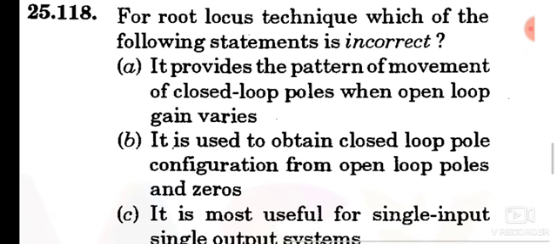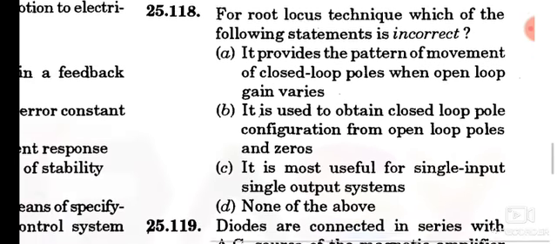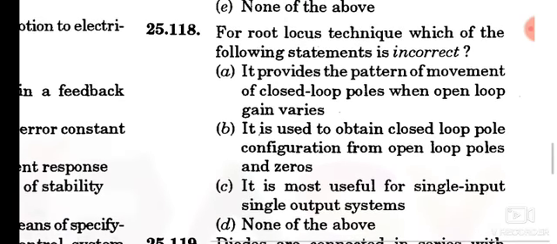Question number 118. For the root locus technique, which of the following statements is incorrect? So option D is the correct answer, none of the above. The reasons are: it provides the pattern of movement of closed loop poles when open loop gain varies.